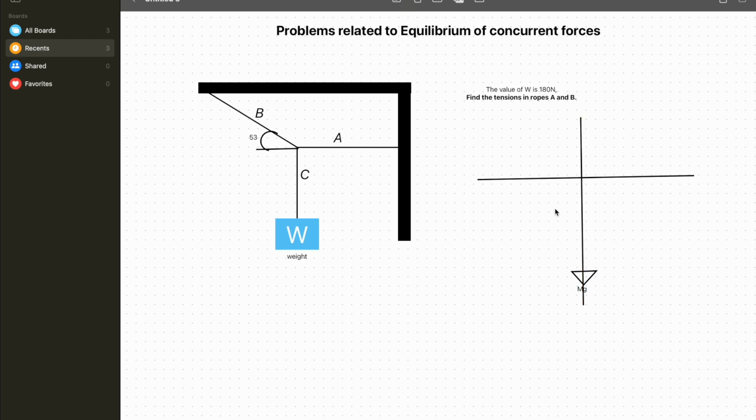And then there are two tension forces. Let us assume this is T1, and another one is T2.